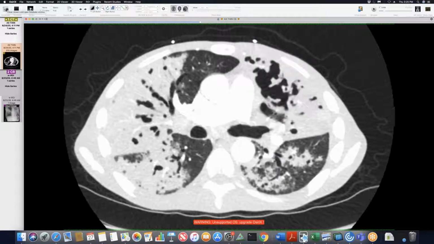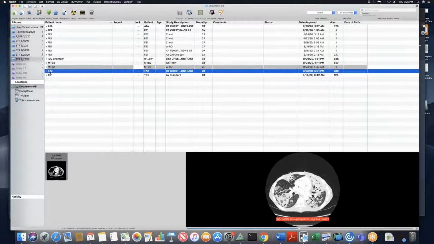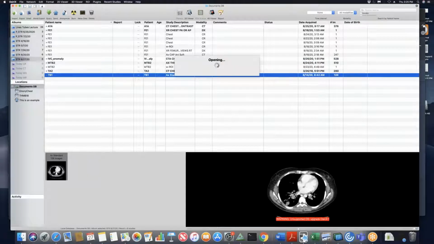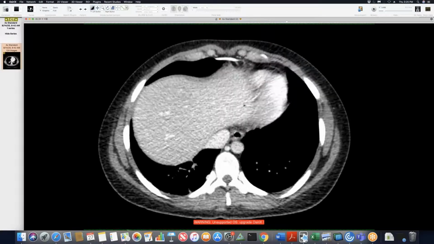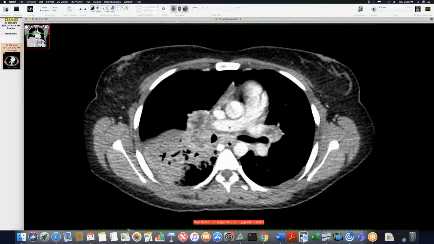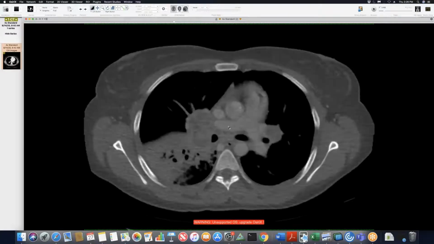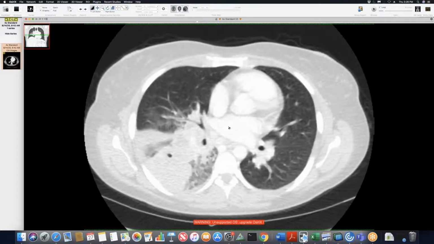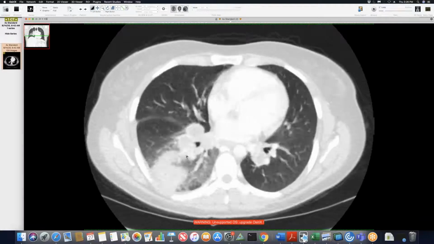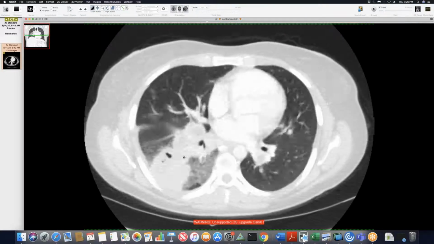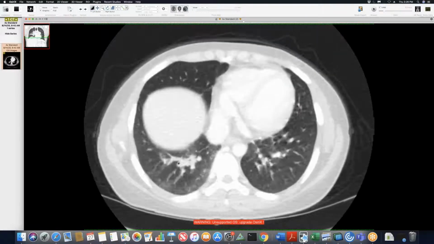I'll go back real quick to the one I showed last week, just a little distinction. Last week's case was similar, and this one was impressive too, but not quite as much as the other one. So we have cavities and tree-in-bud along the periphery here.